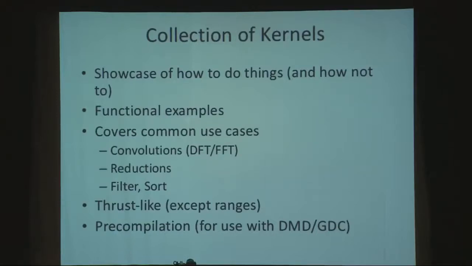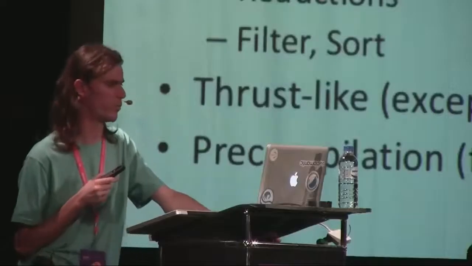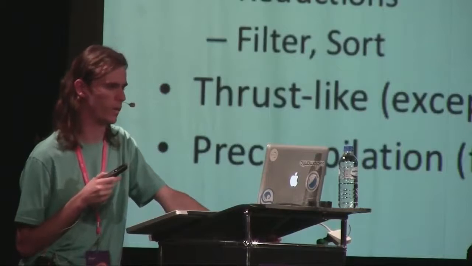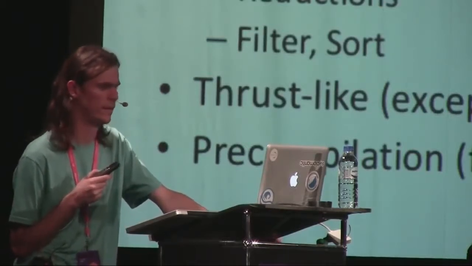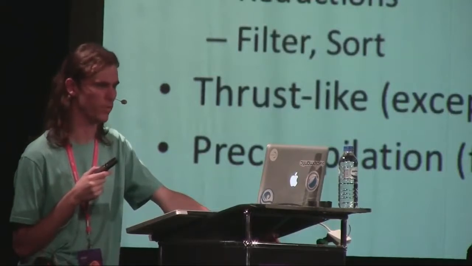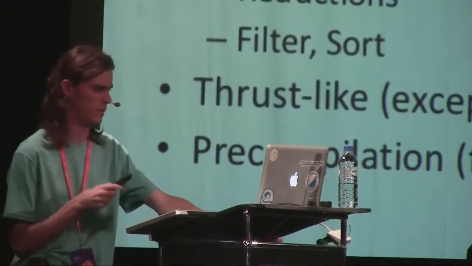And also possibly pre-compilation, because this relies on LLVM's backends and therefore obviously only works with LDC. But if we were to do pre-compilation, we could get this working with DMD and GDC, assuming that the mangling is all the same, which I think it is.